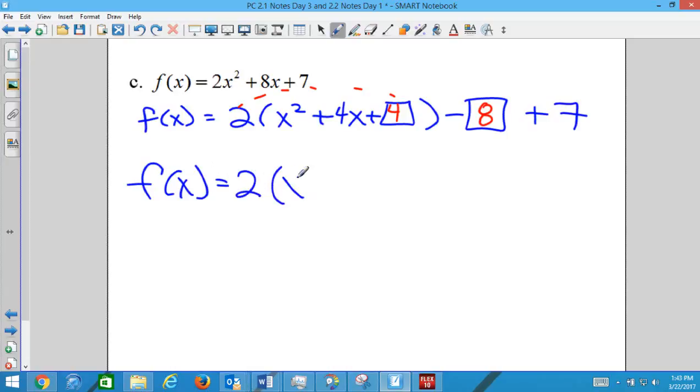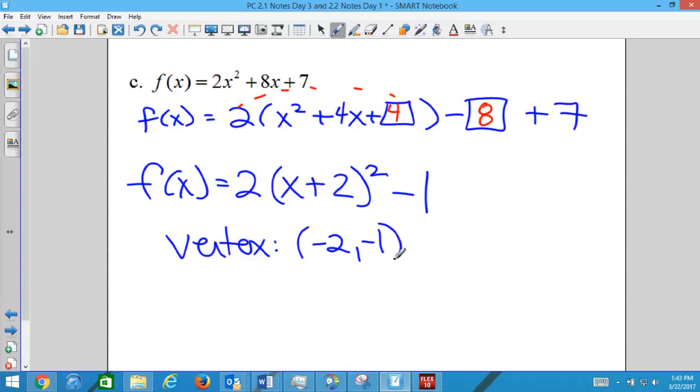So vertex form, 2, parenthesis, x, what sign is it? Plus 2 squared minus 1. Vertex is -2, -1.